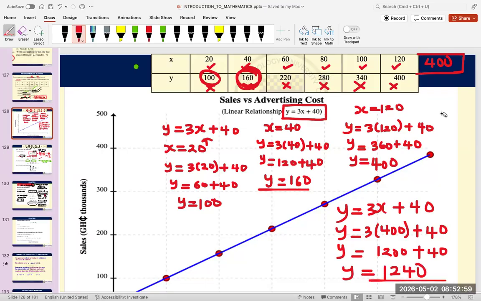That's your answer. Even though we were not given this in the table, we can use our model to find it and add it to our table. That is how it works.